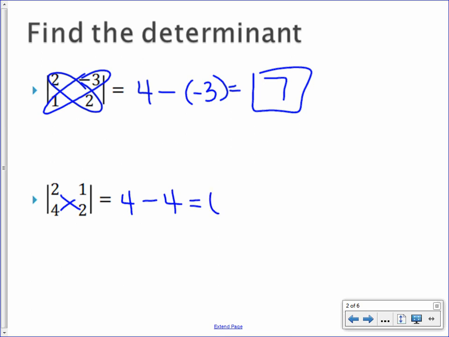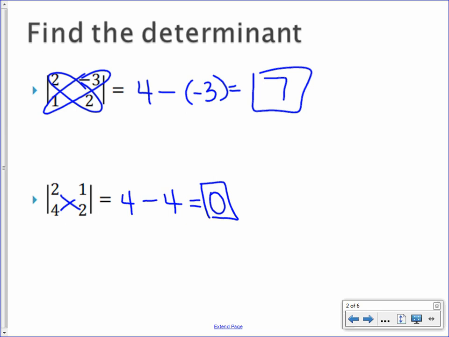So our determinant is 0. Michaela said, can it be 0? The determinant can be 0, but what do we use that number for? This is the number that we do what with in the inverse? 1 over this number times our switching and negating, right?